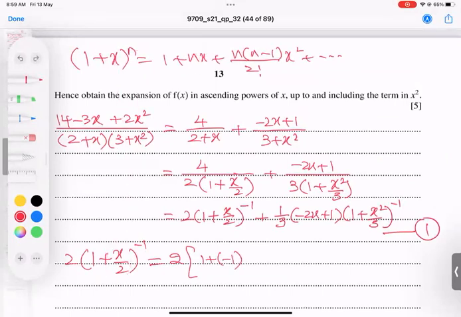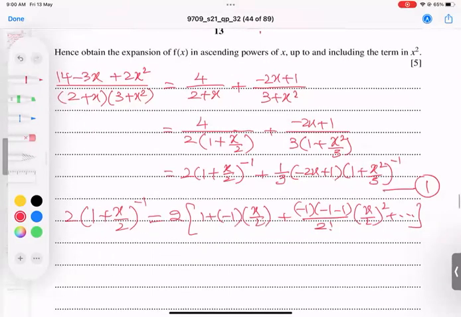Here I have x by 2. And what is n? N is minus 1. So plug in this minus 1 in this one. Minus 1 into minus 2 over 2 factorial into (x over 2) to power 2, and continue.